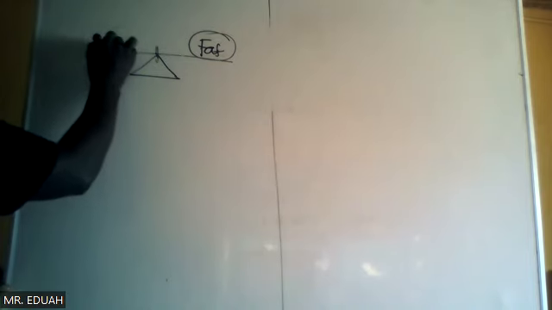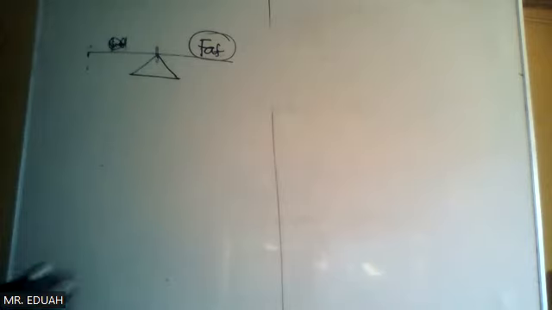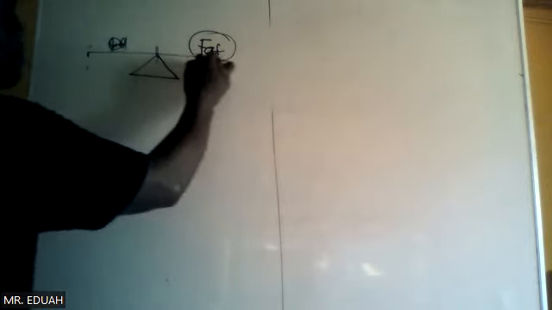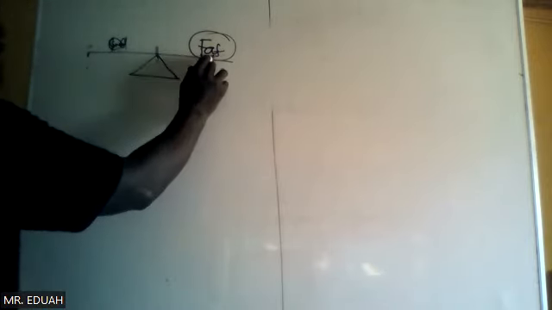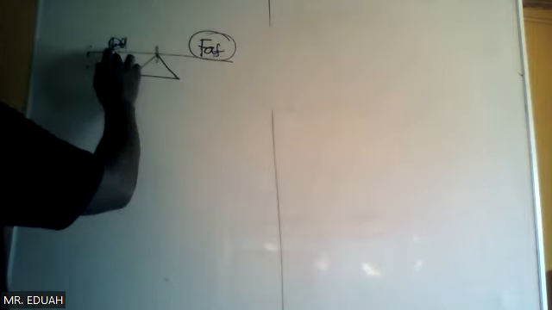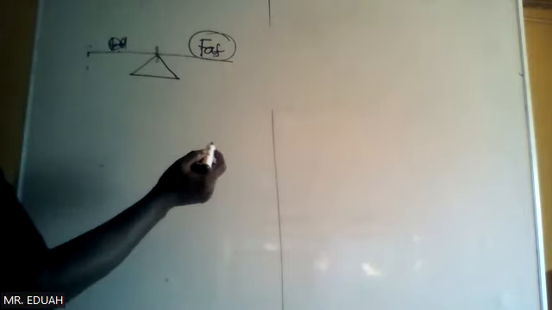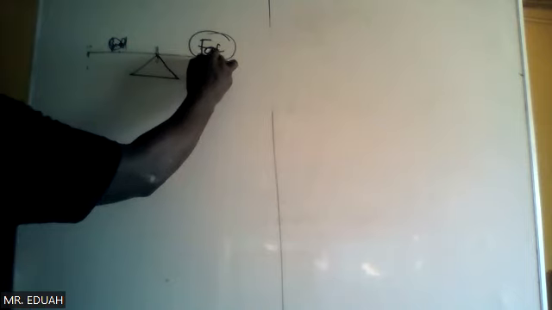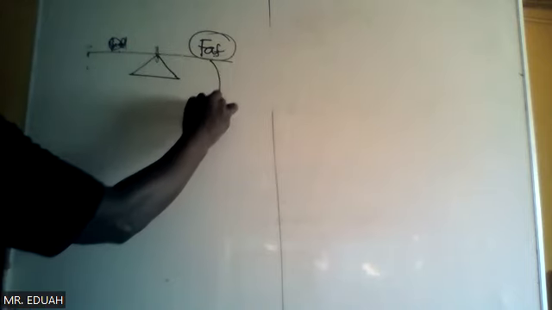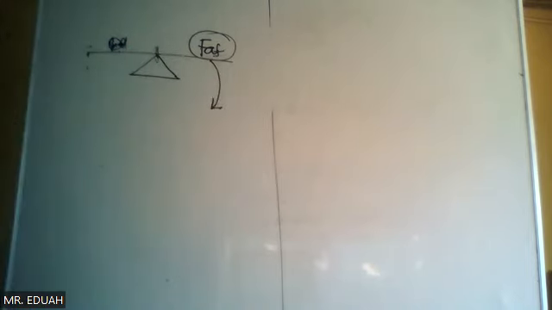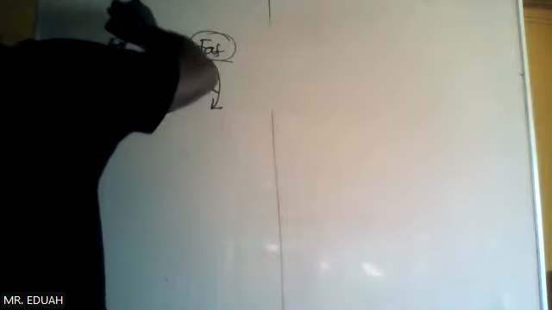Because this person is so fat and this person is so slim in mass, quickly there will be a turning effect in the direction of the fat person. You see the slim person shoot up like this.